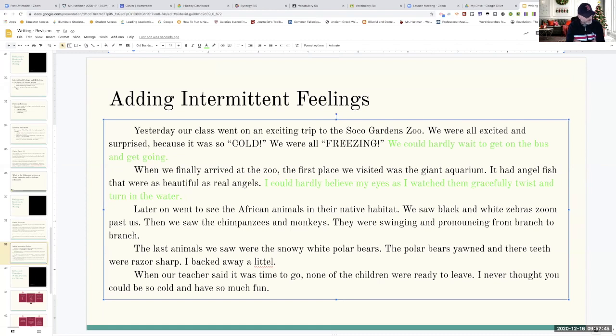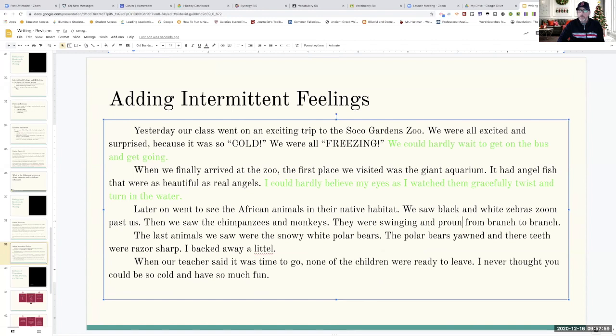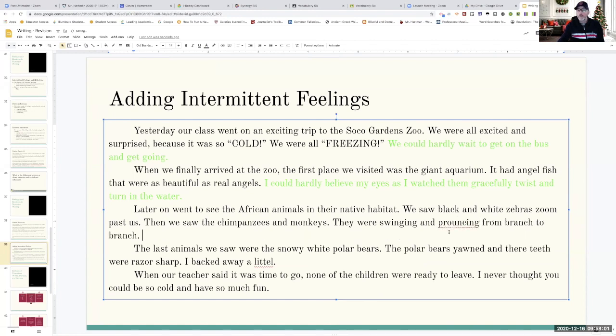Later on, we went to see the African animals in their native habitat. We saw black and white zebras zoom past us. Then we saw the chimpanzees and monkeys. They were swinging, and the original said pouncing from branch to branch, which isn't actually a word, but it could fool some people.